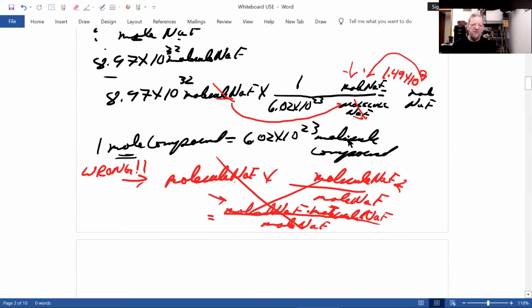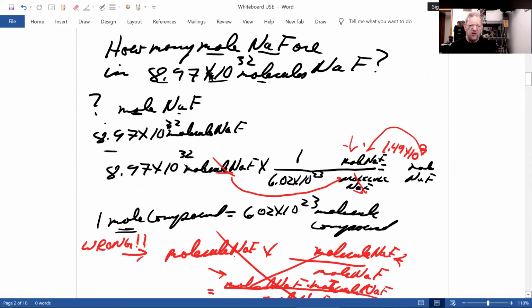So let's go through what was important here. You look at a problem, figure out what you are being asked to find, the units. Next, what are you given? Whatever you're given, you start with, and you look at what units you're trying to get to. You think about whether you can convert what you're starting with to the units of your answer by multiplying by a ratio.